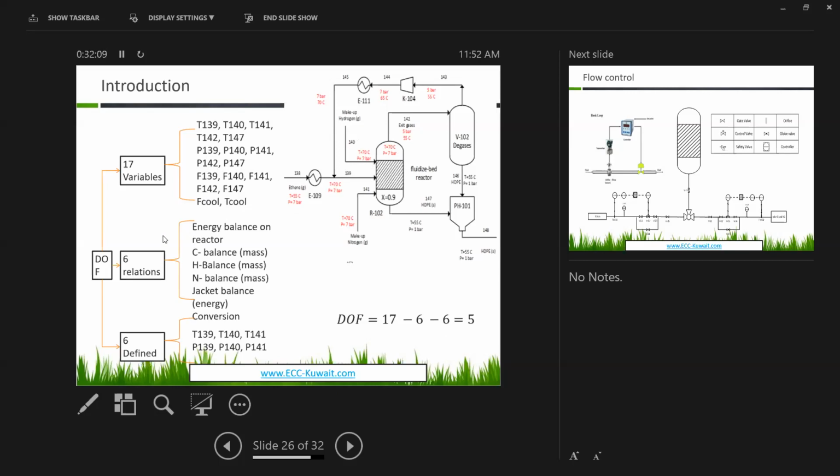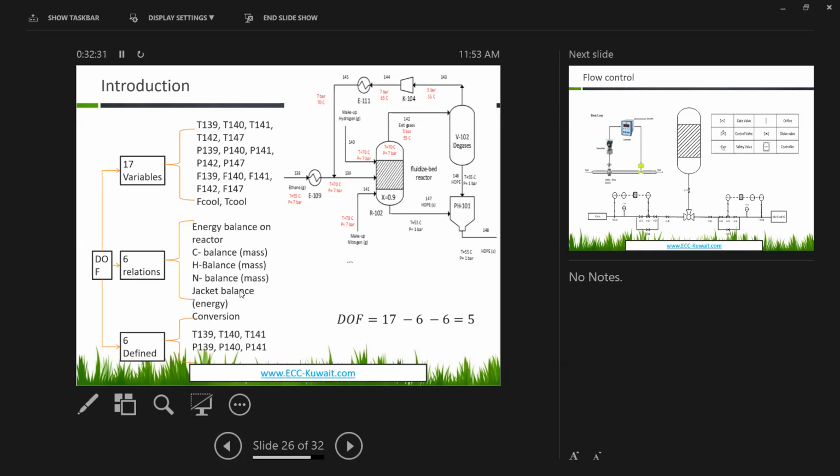Okay, the number of equations or relations: the energy balance on the reactor, C balance, H balance, N balance, the mass balance, atomic balance for each component, and the energy balance on the cooling jacket.